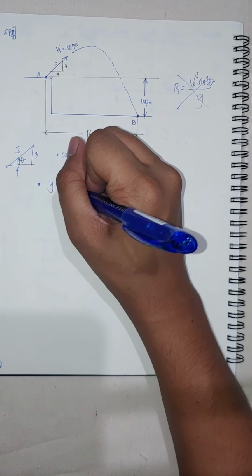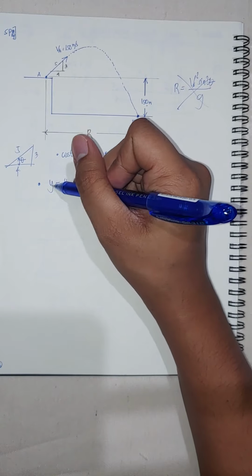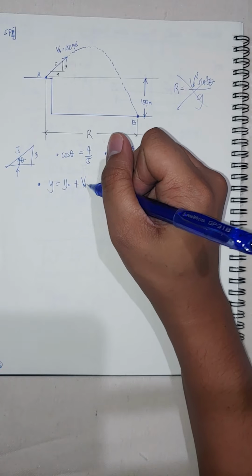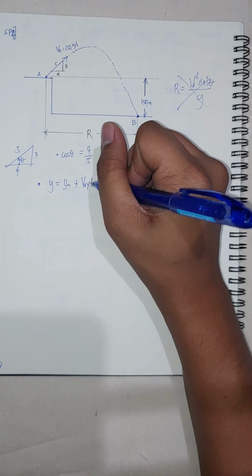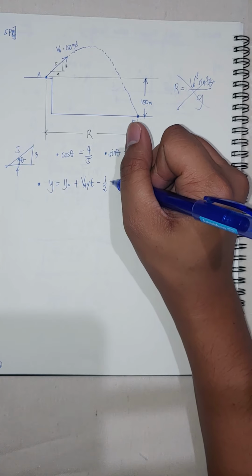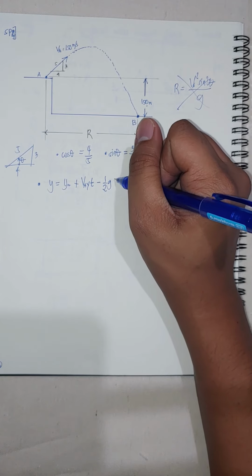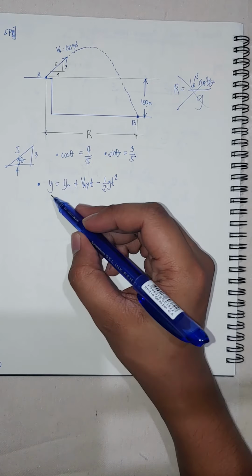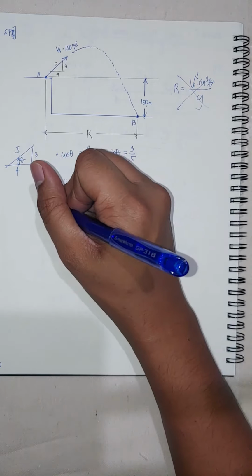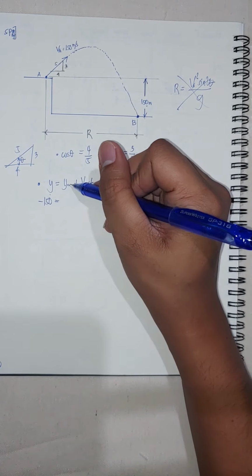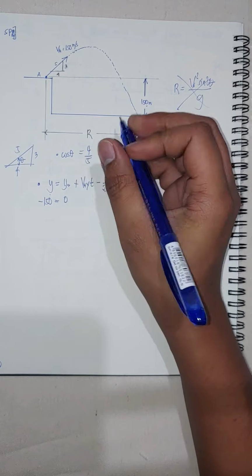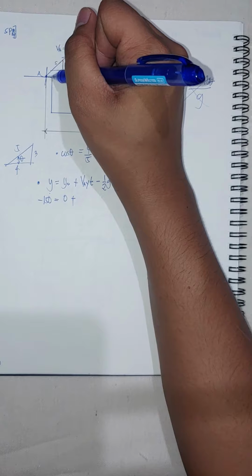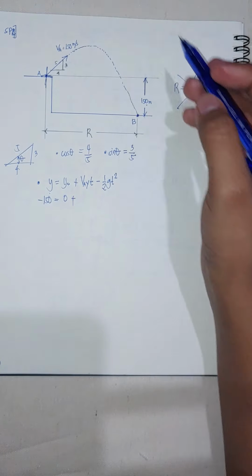So we use the formula: y, the final position, is equal to the initial position plus the vertical component of the initial velocity times the time, minus 1/2 the gravitational acceleration times the square of the time. So we have here y, which is negative 150, since it is going down. The initial position in the vertical is 0, since I am making this our origin.